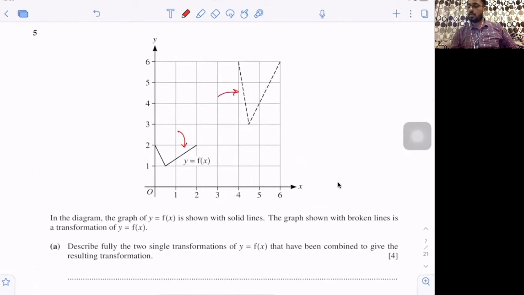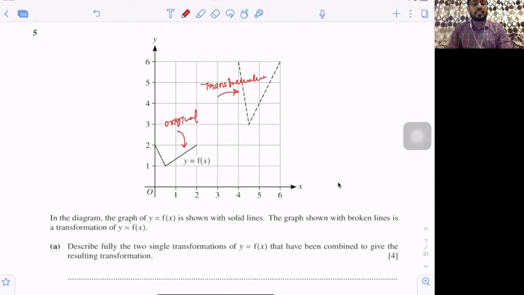And the graph shown with broken lines is the transformation of y equal to f of x. So this is the transformation, and that's your original graph, right? So there is an original graph, there is a transformation.